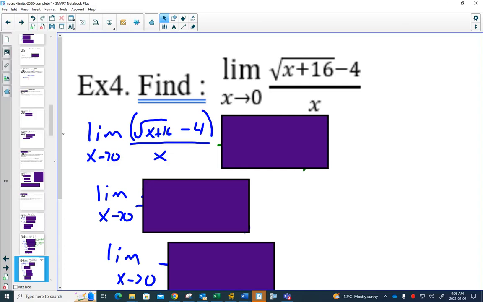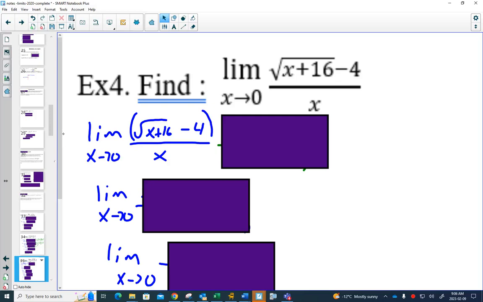The other skill that we learned or practiced yesterday was rationalizing. And rationalizing a numerator or rationalizing a denominator is often an important skill for evaluating a limit. This one again, if I plug in 0, the top would be 0, the bottom would be 0.